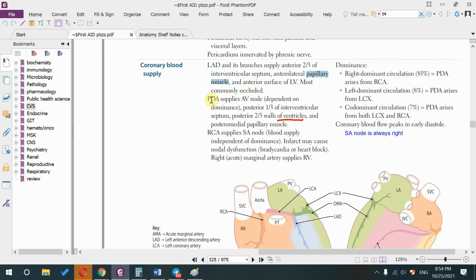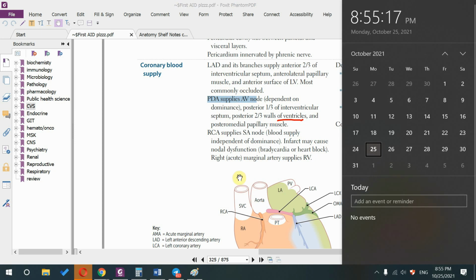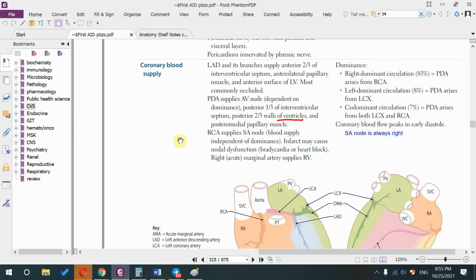So what supplies it? We have another artery called the PDA, posterior descending artery. It supplies your AV node. What is your AV node? This is in the conduction system of the heart. That will be one of our main topics because, guys, before we finish this month, every single one of you must master ECG.